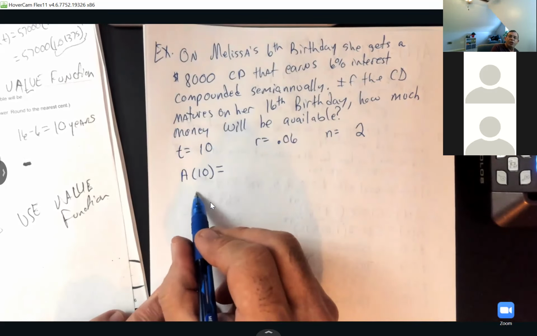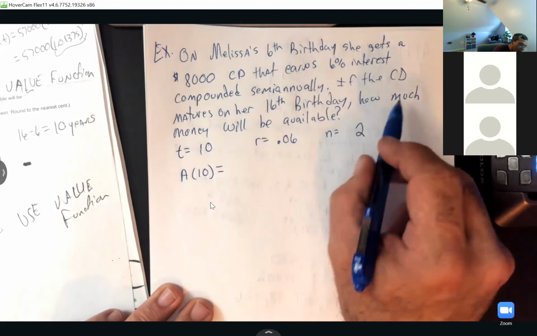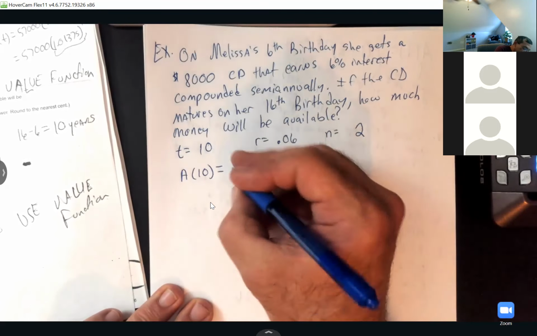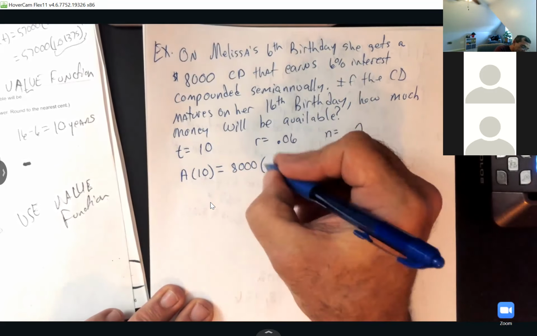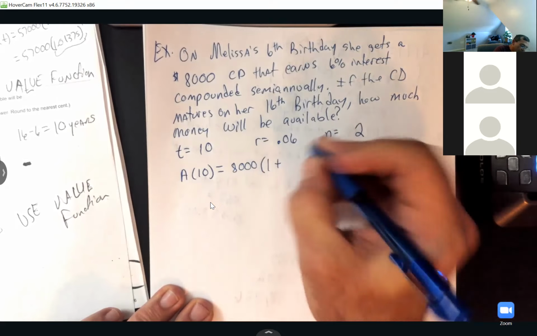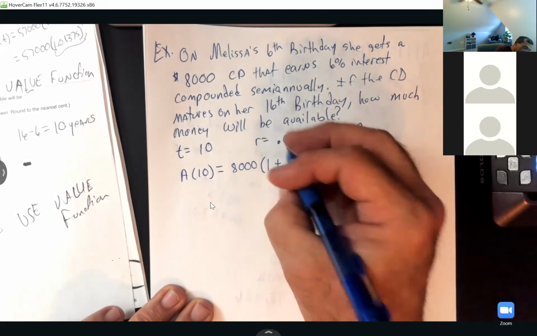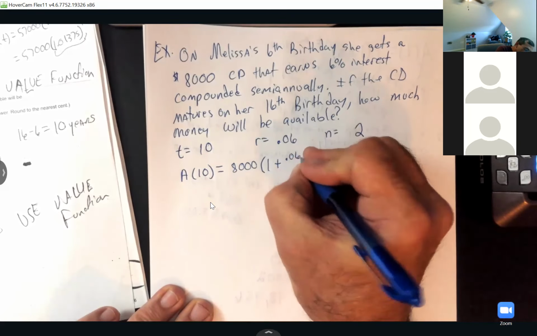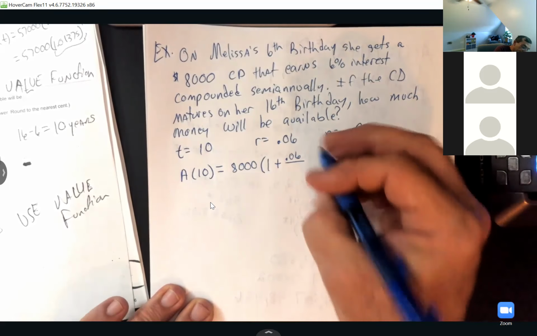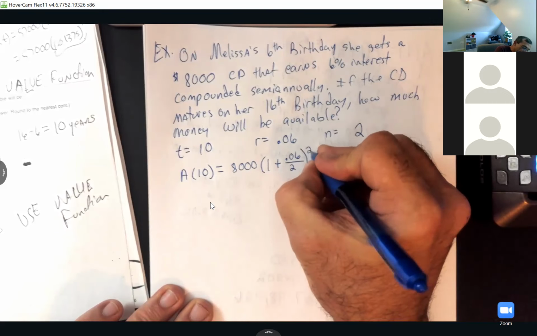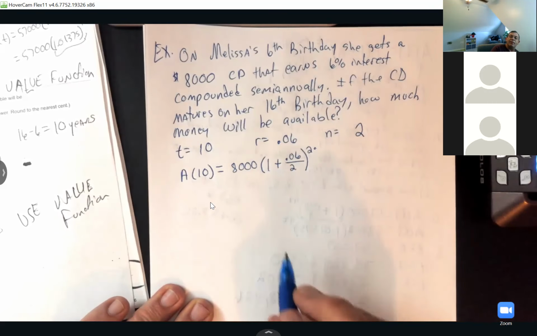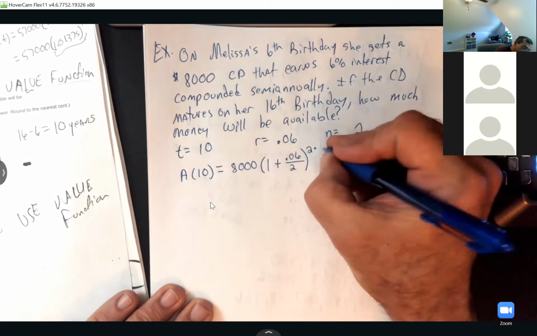So the amount after 10 years is equal to her starting amount, which was 8,000, times parentheses 1 plus R, which is 0.06, divided by N, which is 2. All that raised to the 2 times my T, which was 10.